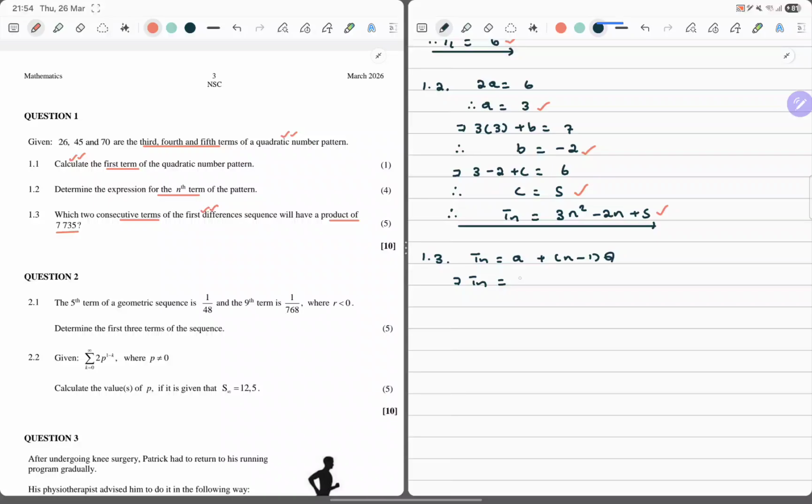So t sub n is 7 plus n minus 1 times 6. Now if we move quickly, t sub n is 7 minus 6 is 1. Therefore we get 6n plus 1. Okay.